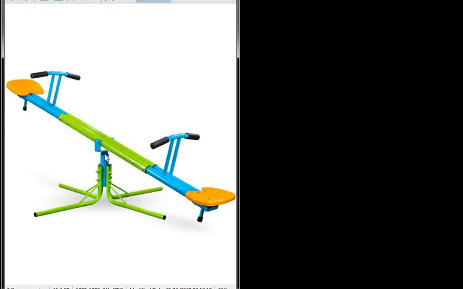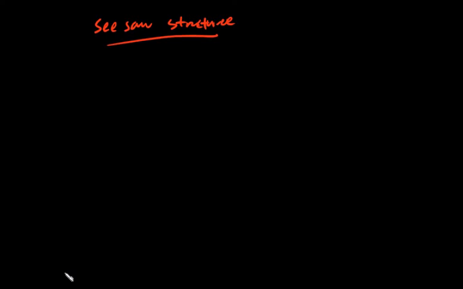This is a seesaw. It's a game, and this shape has its base, its upper structure and its lower structure. So how would it look like as a molecular structure?